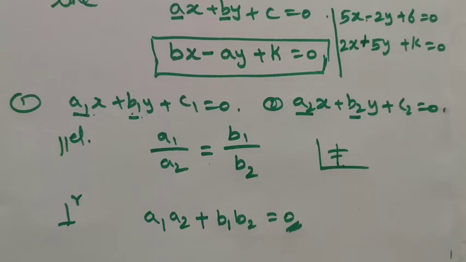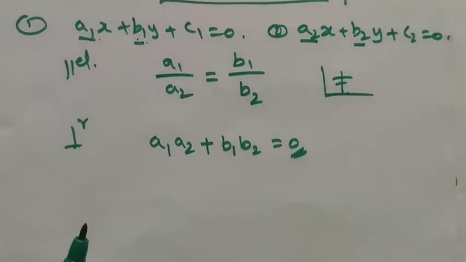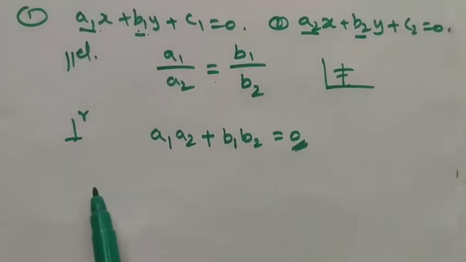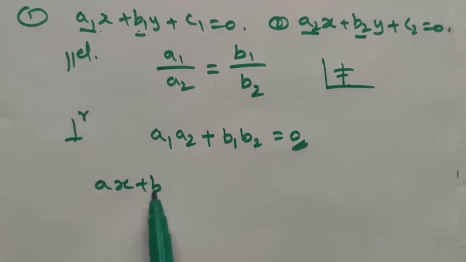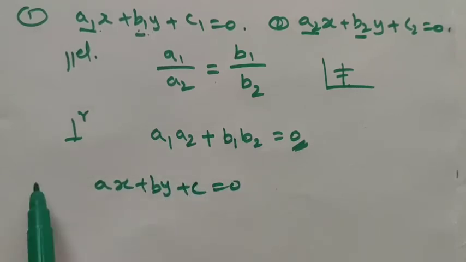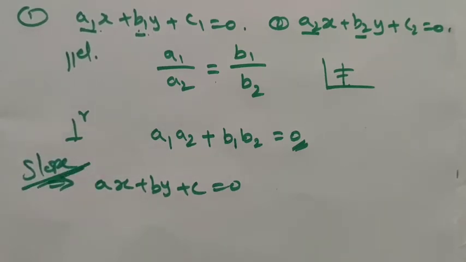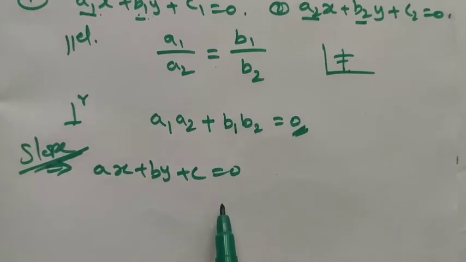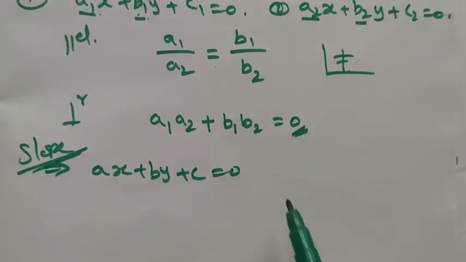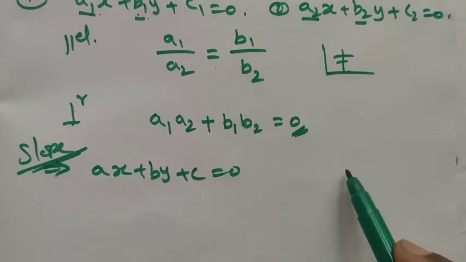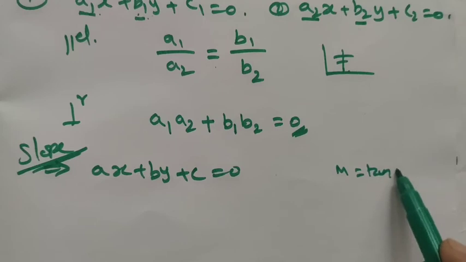Then the slope. We want to find the slope when the equation ax plus by plus c equal to 0 is given. We have already studied how to find the slope when two points are given and when the angle is given. If the angle is given, the slope m is equal to tan theta.